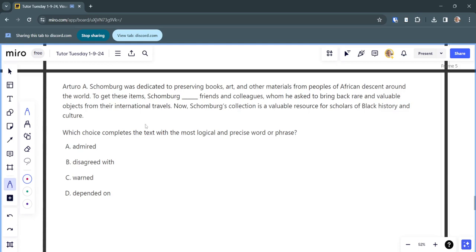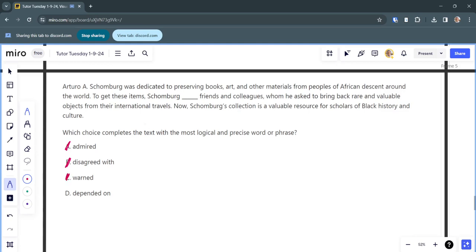He admired friends and colleagues. I mean, it is a positive connotation, but I don't really think that's what he did. He probably took more of an action, something more active to get them to bring those items to him. Disagreed with, I don't think if he disagreed, then he would have gotten those items. That's the negative connotation.